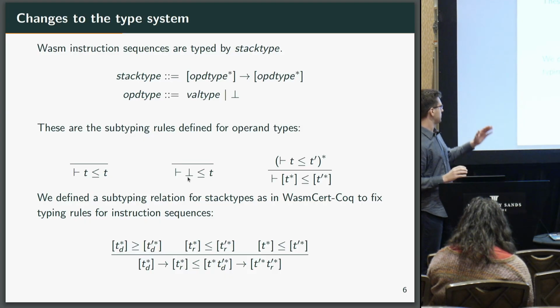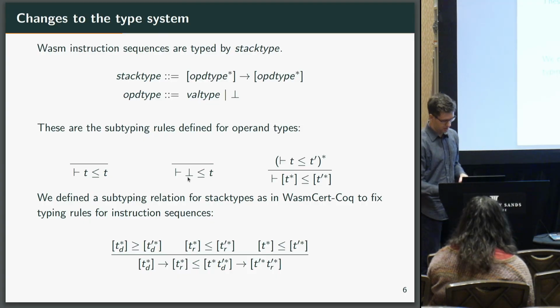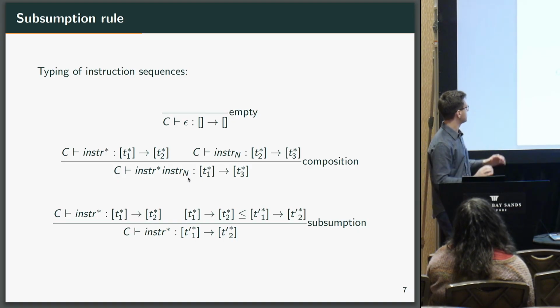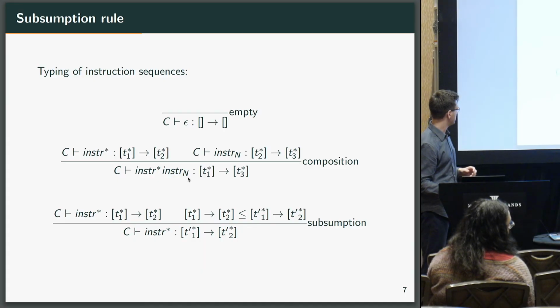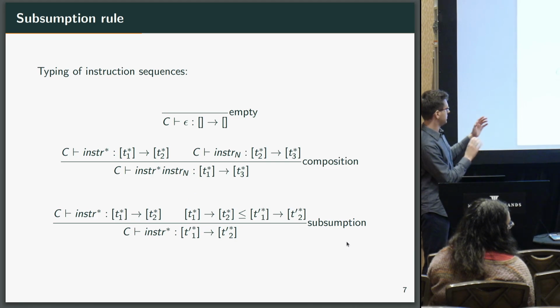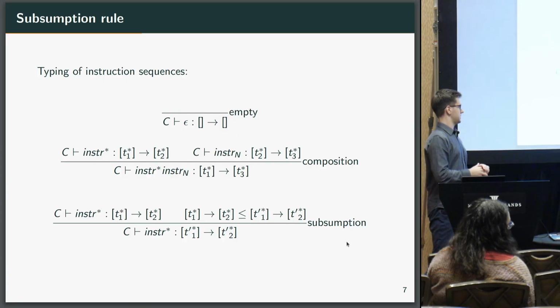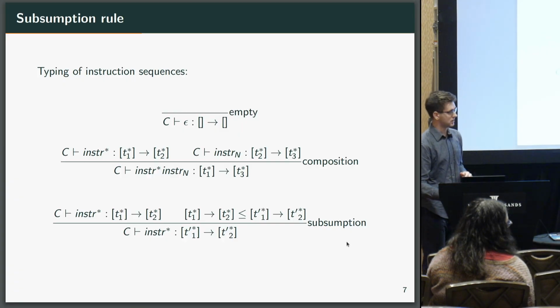So one part of that fix was introducing a subtyping rule for stack types. And also, here are the rules for typing of instruction sequences. The subsumption rule uses that subtyping rule of stack types, and it replaces the previously used weakening type rule.